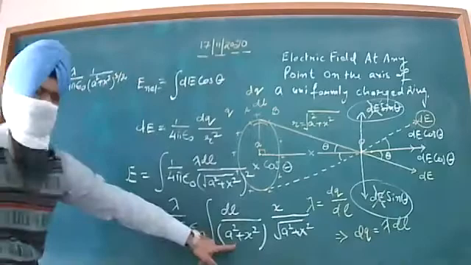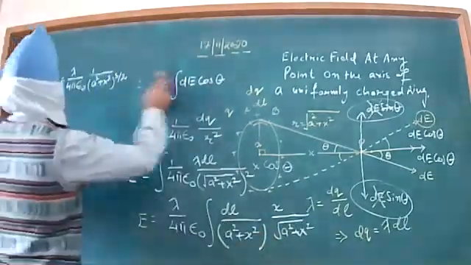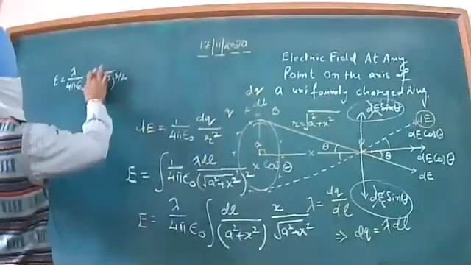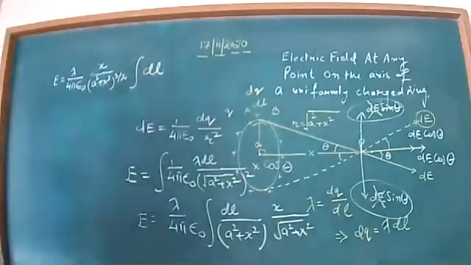Why 3 by 2? 1 power is here and half power is here. And furthermore, we get x into dl. x is again constant, it is taken out of the integral, and this is your dl.